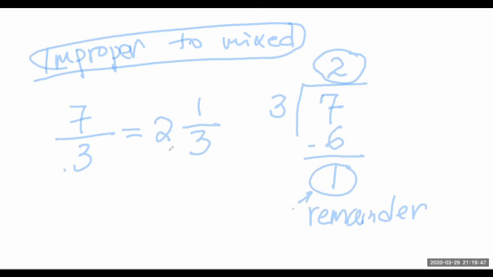And we can actually verify it. Verification is 2 times 3 plus 1 is 7, right? So that's how we know we got it right. Okay. Then 9 over 5. So 9 inside, 5 outside.